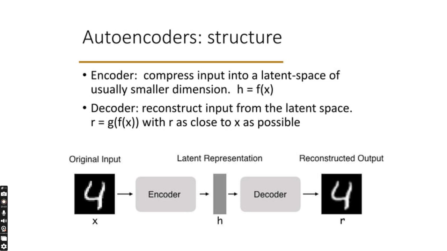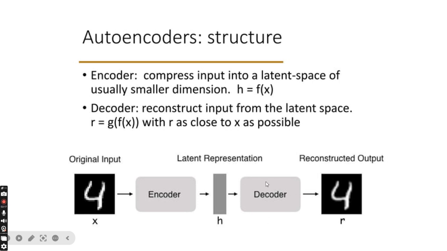See the structure of an autoencoder. We have an encoder and a decoder. You see in the image, we have an original input and it is fed into the encoder unit. Then the encoder compresses it into the latent space. The latent space is usually a smaller dimension, h equal to f of x.